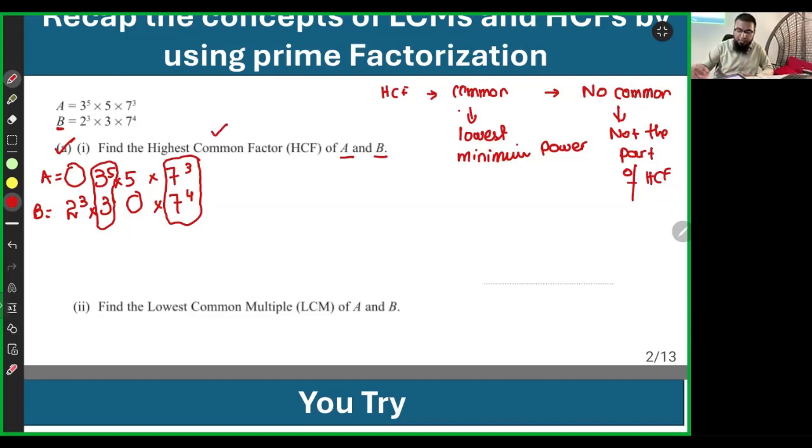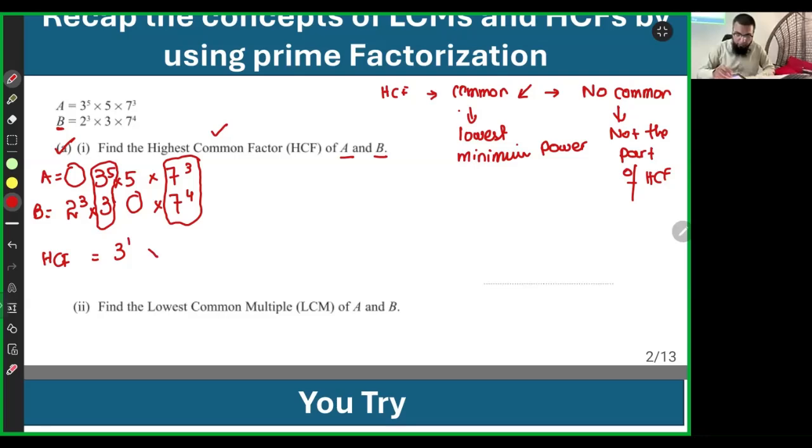What about 3 and 3 raised to the power 5? We are taking HCF. So which number do we need to pick from both of these? 3, obviously. Got it? So you need to pick the number which has the least power. A was having 3 raised to the power 5 and B was having only 3 raised to the power 1. So I just picked 3 raised to the power 1.